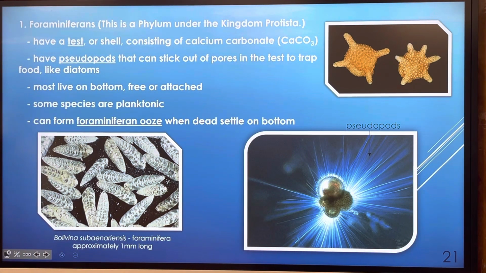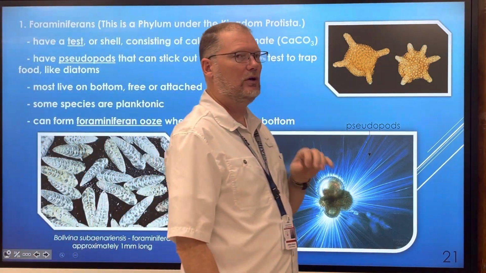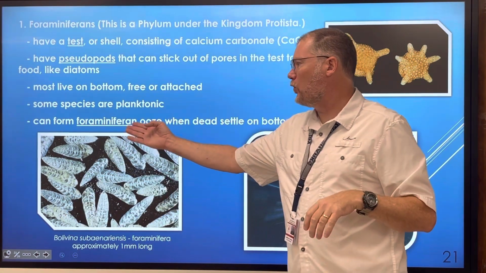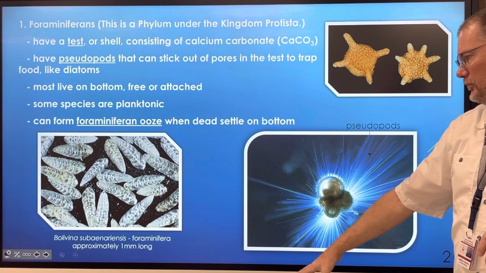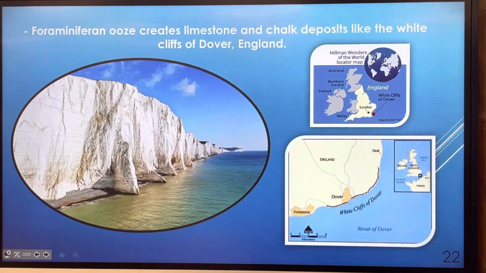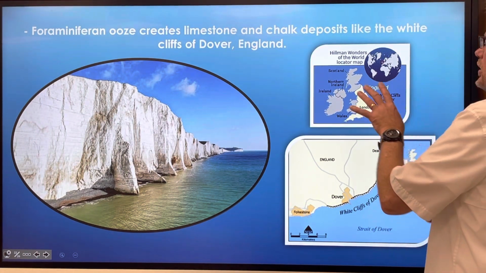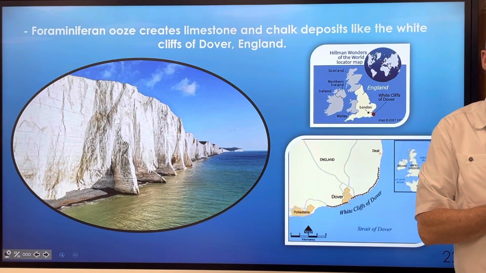Some species are planktonic. And just like the other kind of ooze, they can form a foraminiferan ooze when they settle to the bottom. And foraminiferan ooze can make chalk, limestone and chalk deposits like the White Cliffs of Dover in England.